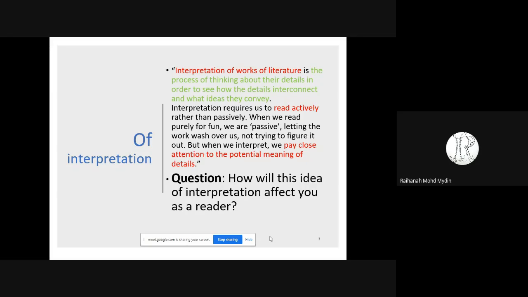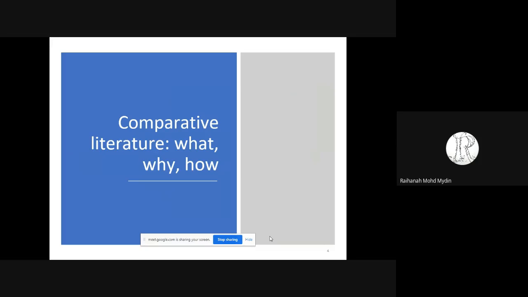The story, the language, the symbolisms. A few of you kept saying things like reading between the lines. So the act of interpretation definitely requires you as the reader to play an active role. The role of the reader is significant in the act of interpretation.